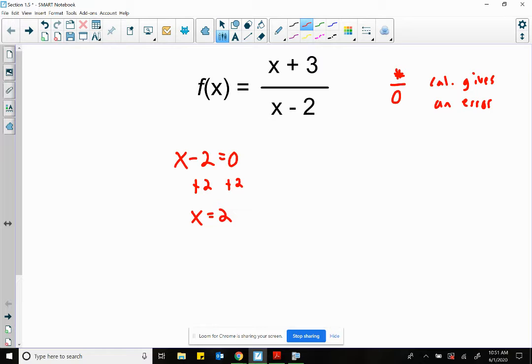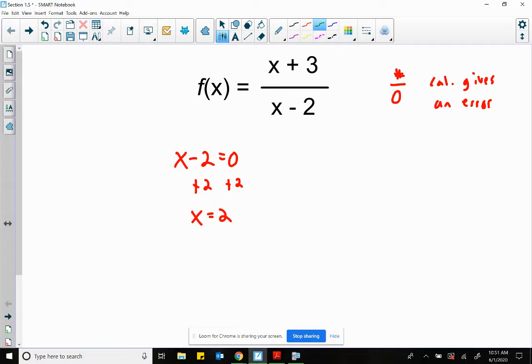So how we write this up with domain, showing you both set and interval. This is the number that we don't like. We like any other number but 2. 3 is cool. 10 is cool. Negative 100 is cool. Negative 0.2222222 repeating is cool.